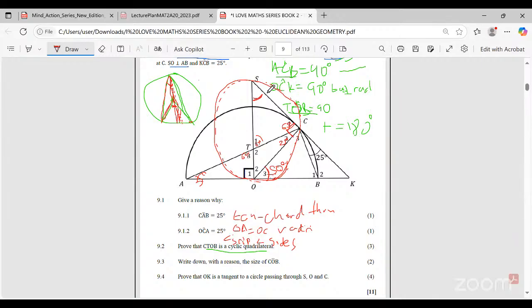Now I get 50 degrees here. Therefore, this angle here is equal to that angle. That is the converse of the tan chord theorem, that we state your equal angles. Just like that.